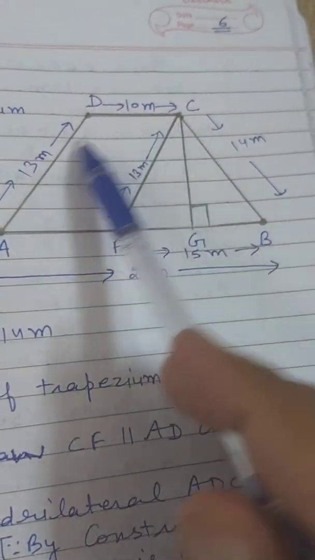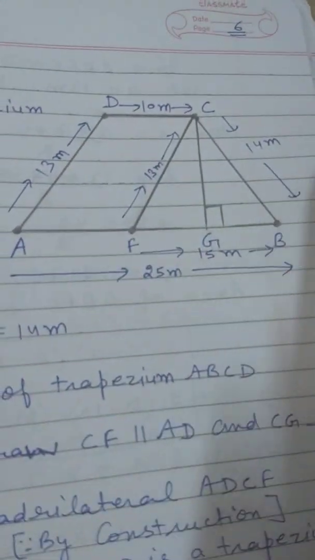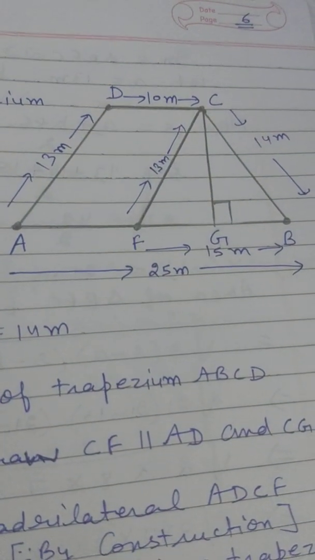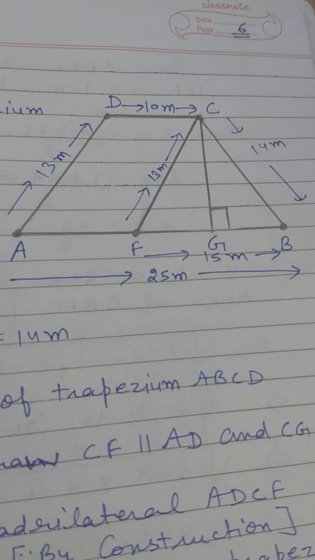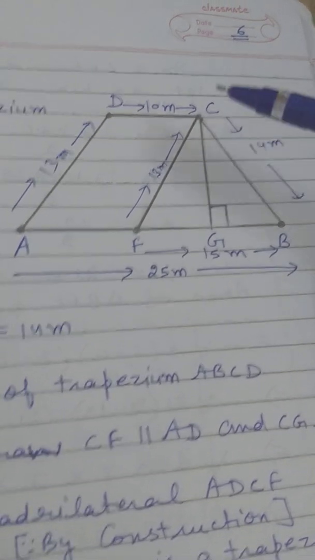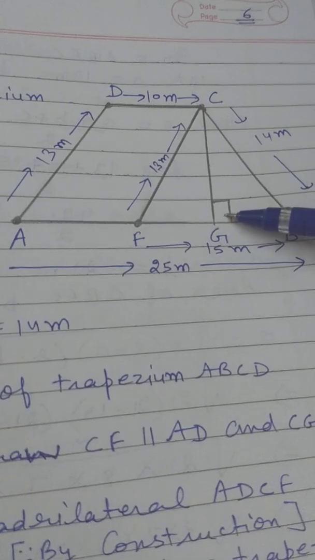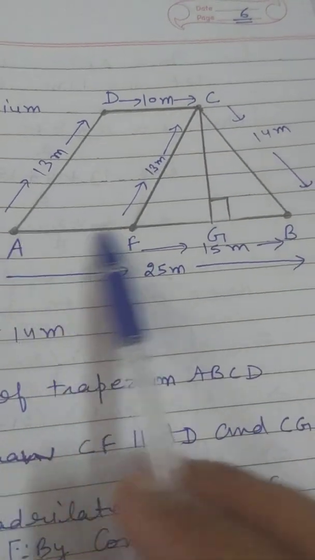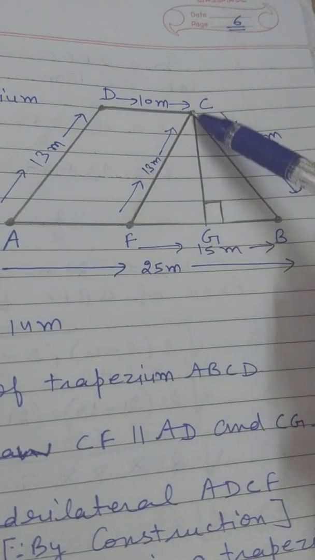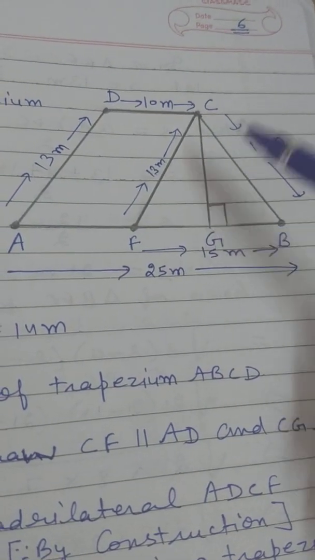We have to find the area of this trapezium. We know that area of trapezium is 1 by 2 into sum of parallel sides into height. Firstly, we shall find the height of the trapezium. Let CG be perpendicular on AB. CG is the height of the trapezium.